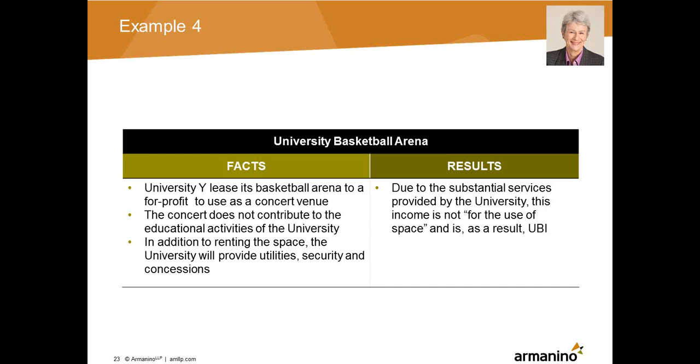Now, because the university is providing services, particularly the concessions, it falls out of the rental exclusion and will be treated as UBI. Now, a little bit of note here, there are some rulings that indicate that the lessor may provide security and utilities and things of that nature, because the theory behind that is that if the lessor is providing security so that the building doesn't get trashed, then that's not a service being provided to the person who's renting.